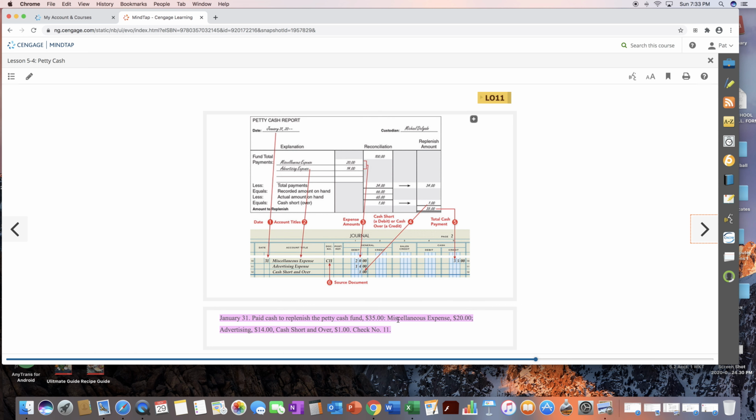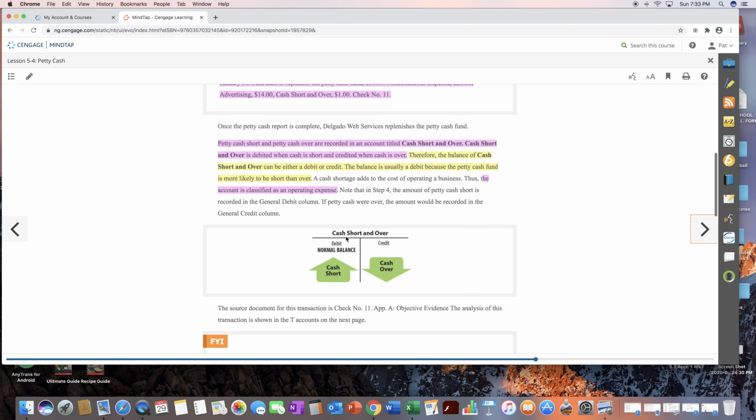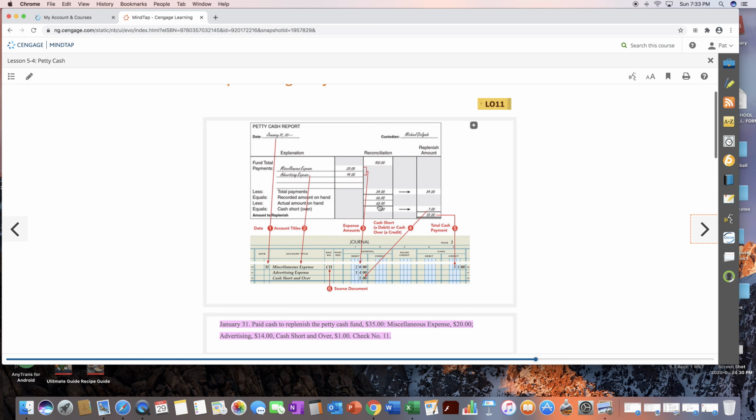And then we just list whatever they are in the order that they're listed in our journal transaction here. So miscellaneous goes first. Doesn't matter if it's higher or lower, they list it first, so we're putting miscellaneous expense debit, advertising expense debit, and since we were cash short, again, cash short is a debit. Since we were short $1, we want to record that in cash short.